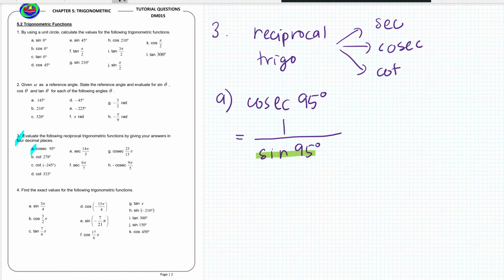So consider sine 95. We need to change it into an acute angle. For 95, we have a slide after 90, so our basic angle is here.